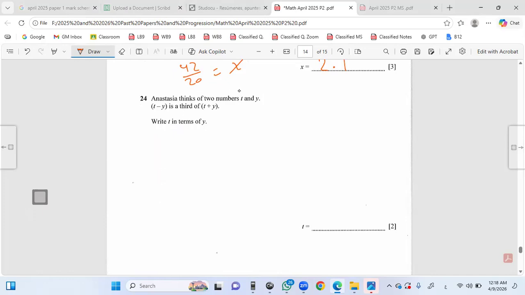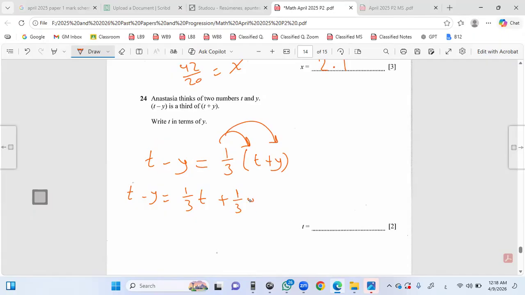Anastasia thinks of two numbers, t and y. She's saying that t minus y is 1/3 of t plus y. They want you to write t in terms of y. So I must do here t minus y equals, expand, 1/3 of t plus 1/3 of y.